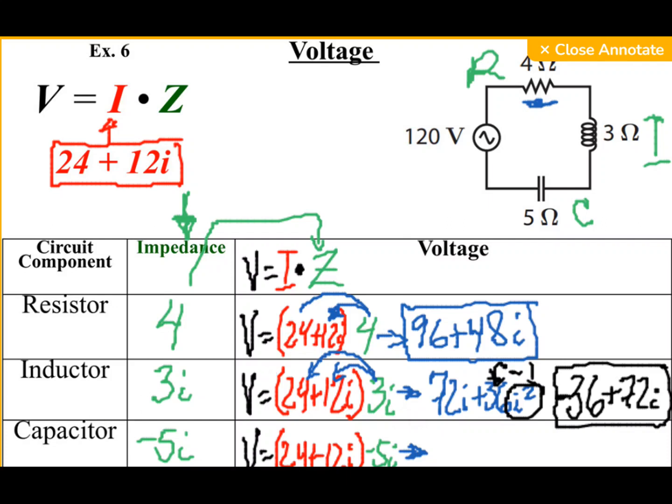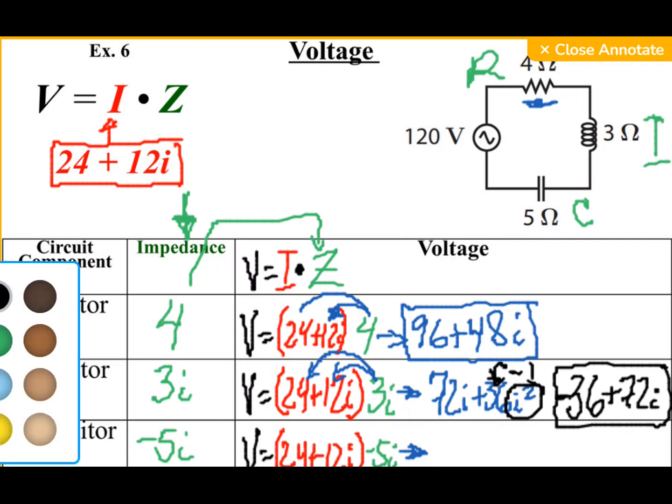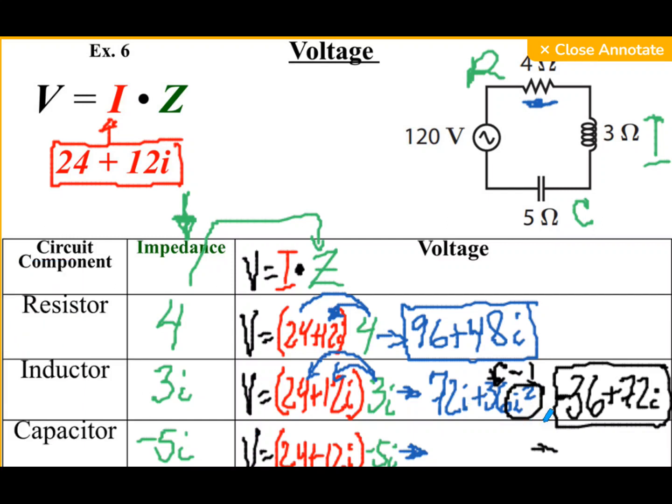All right. Finish that, and then I'll have somebody give us just the answer for that one. Check with the neighbor, see what they got. What is the voltage going through the capacitor?